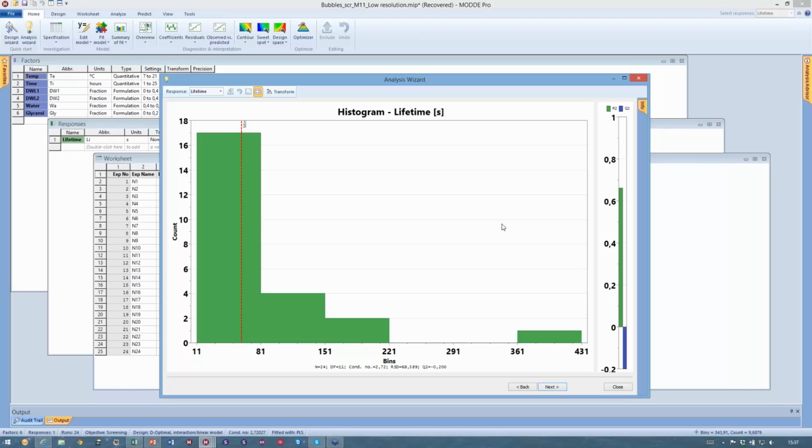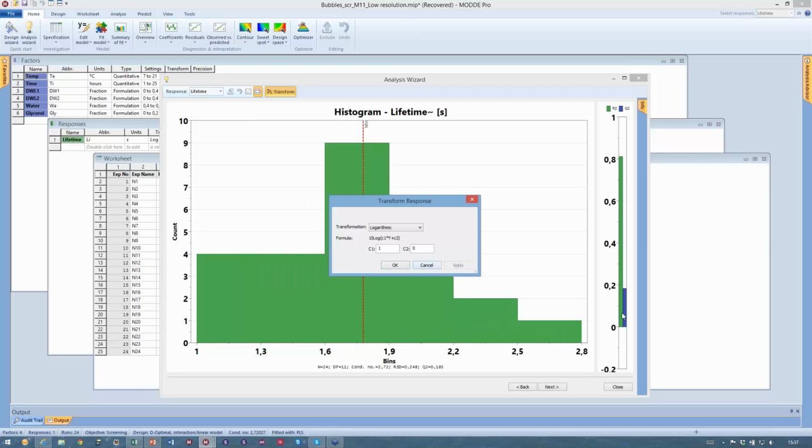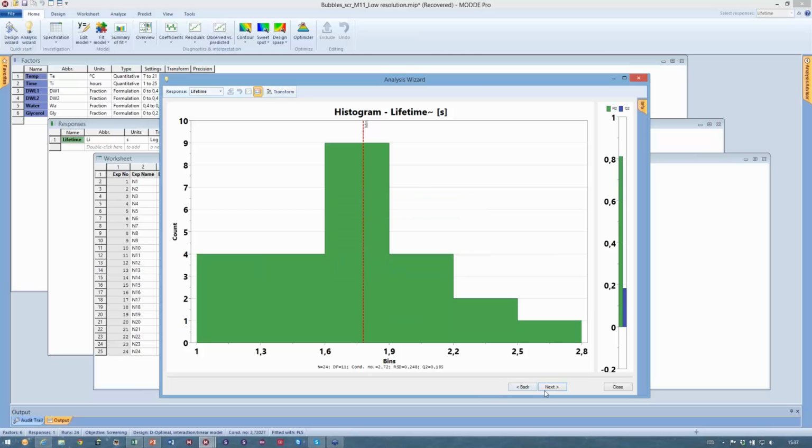And this is what the histogram would look like for the untransformed response. So it's definitely so that a transformation is something you should look into. And you can also compare the stability of the model when you're making a model on the untransformed response as opposed to the logarithmically transformed response, that the model actually stabilizes just from that very simple measure.